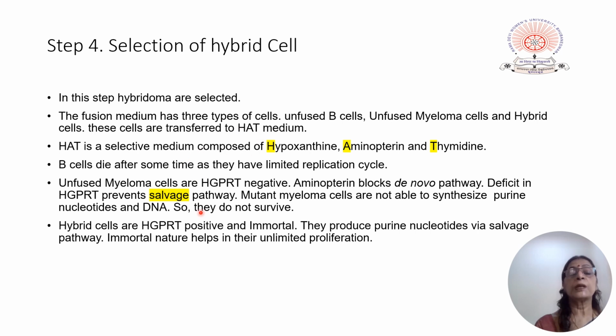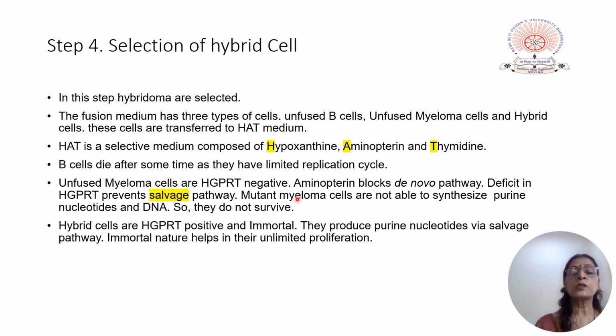Now, unfused myeloma cells. These are HGPRT negative. They cannot carry out the de novo pathway because of the presence of aminopterin, and as they are HGPRT negative, they cannot carry the salvage pathway. So these mutant myeloma cells, which cannot adopt either pathway, will not survive.